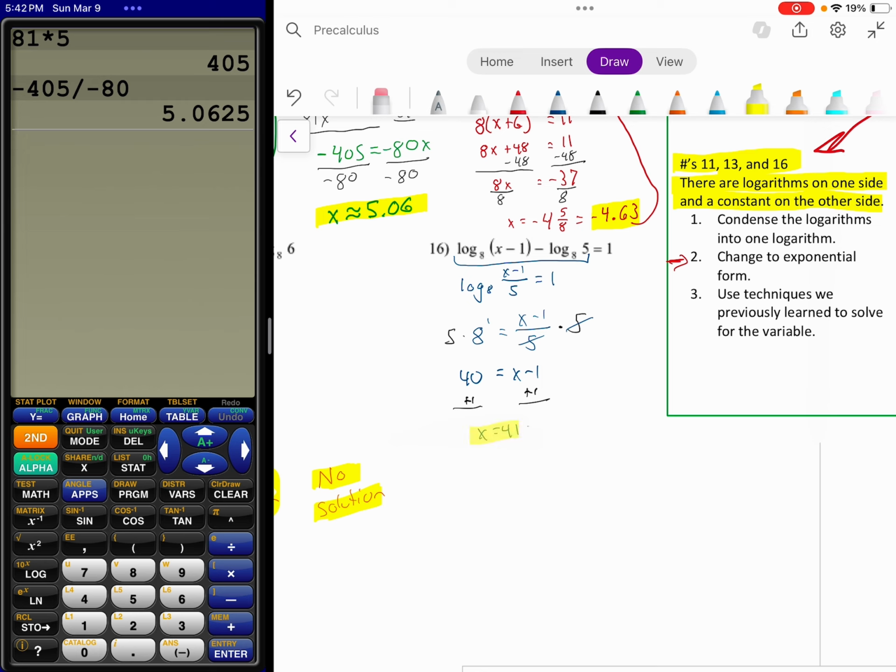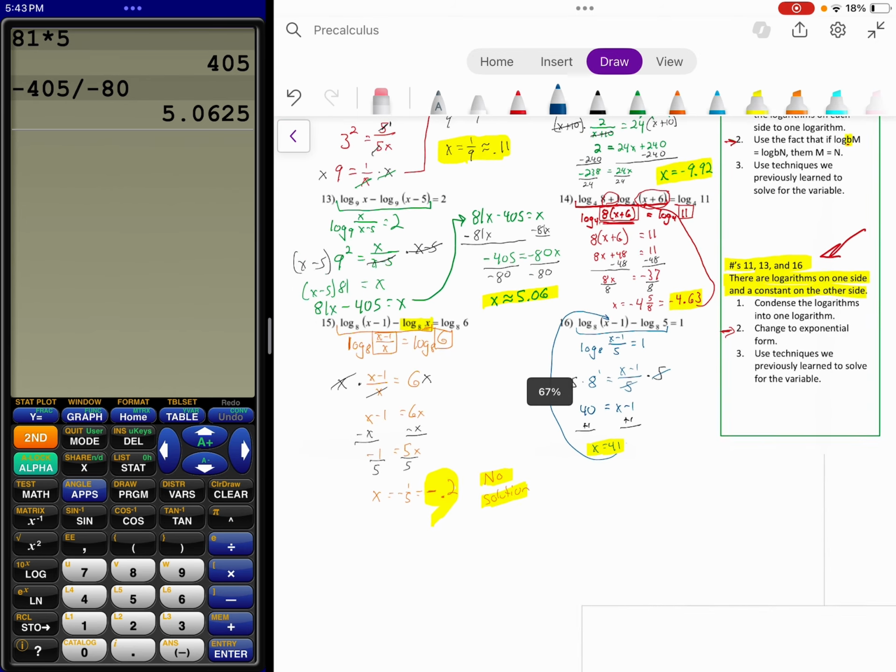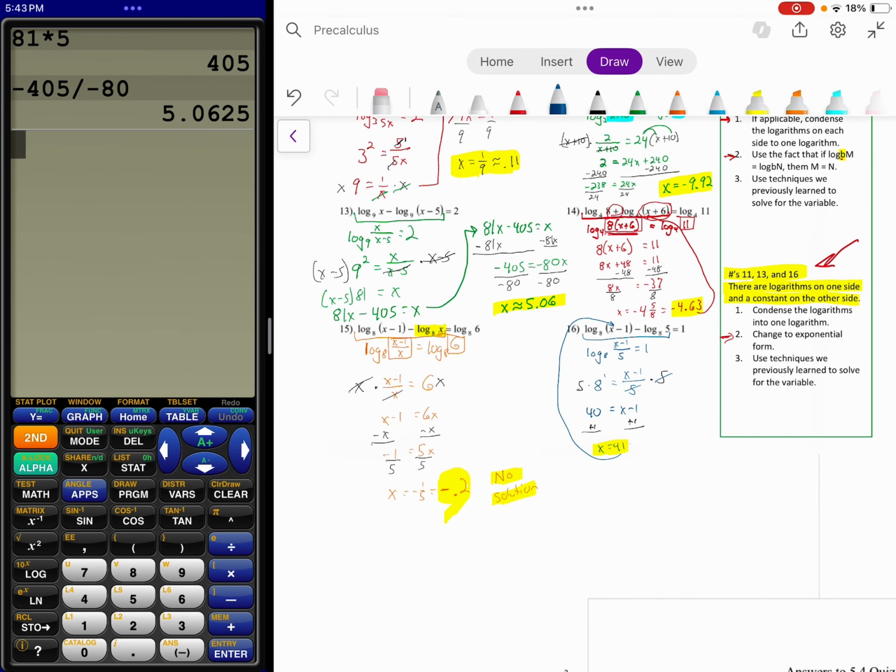I should have been mentioning it more often, but make sure you can put 41 back in here. We're not taking the log of a negative, and so that works out. And so that was for 11, 13, and 16.